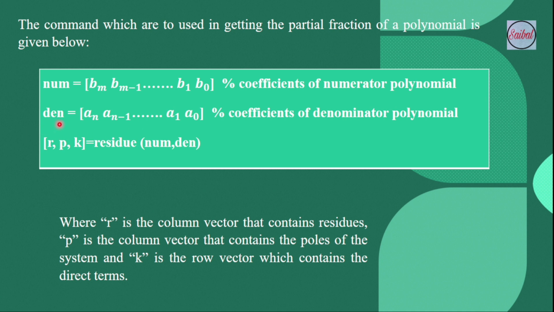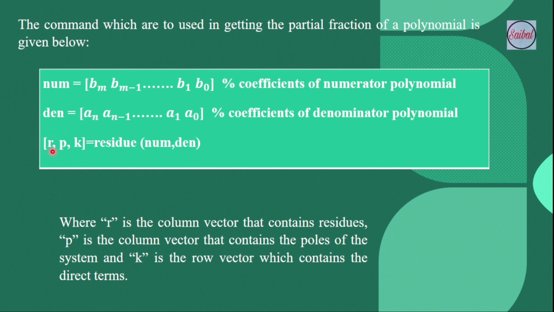Similarly we have to represent the denominator portion, so we consider the variable den equal to an minus 1 up to a naught. So this is the coefficients of the denominator polynomial. First you have to define the coefficients of the numerator polynomial as well as the denominator polynomial. Then you have to write this command so you can get the partial fraction values.